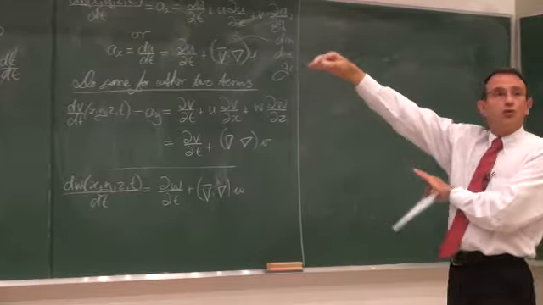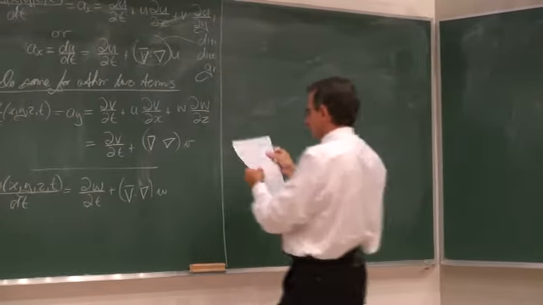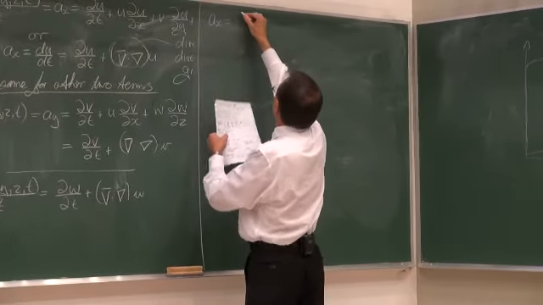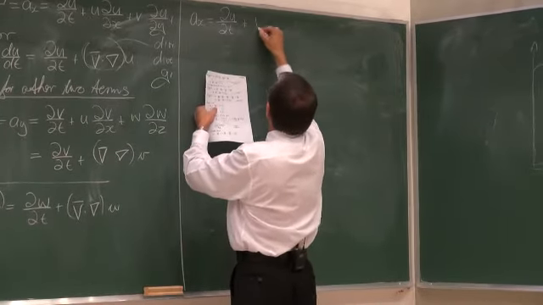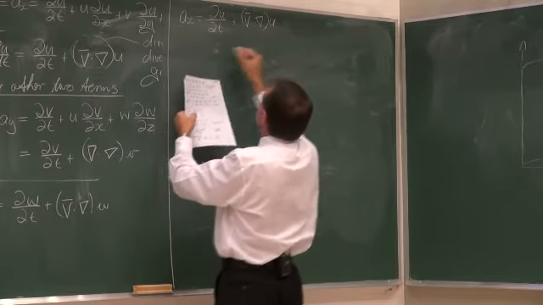Now let's make all three of these terms a little neater and write them together. The acceleration in the x direction is equal to partial du dt plus the gradient of u.